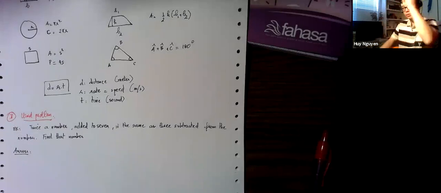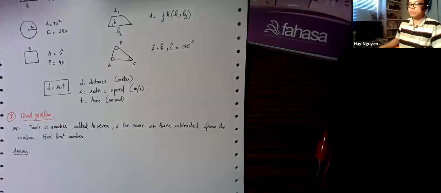So how do we do this? You read the problem. It says: twice a number. So we try to translate it into mathematical terms. Twice a number added, right? Addition. 7 is the same.